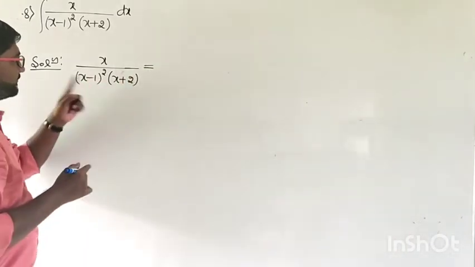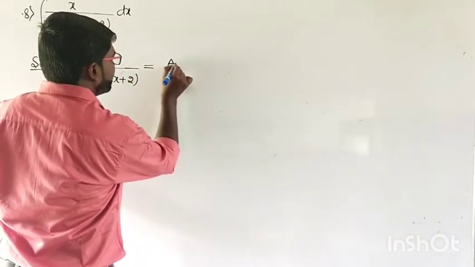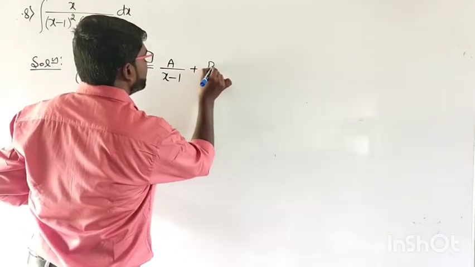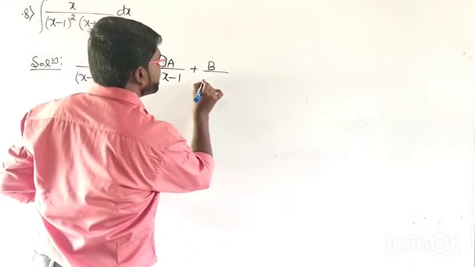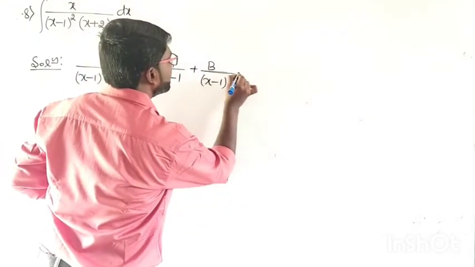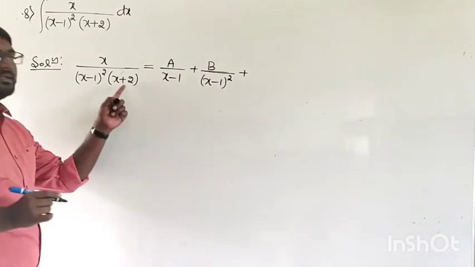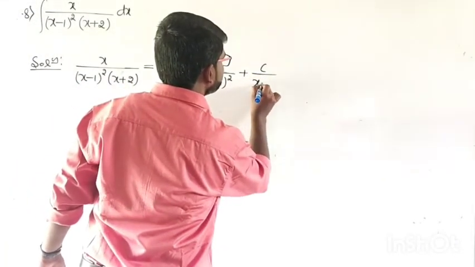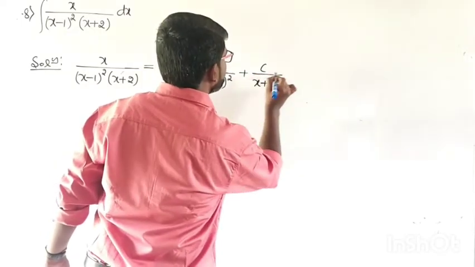So now we should take this as a divided by x minus 1, plus b divided by (x minus 1) the whole square, plus c divided by x plus 2.